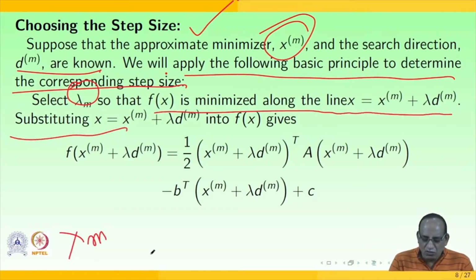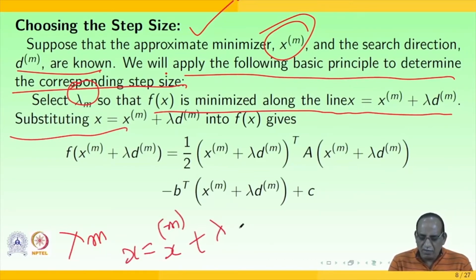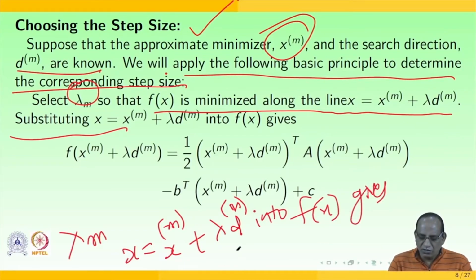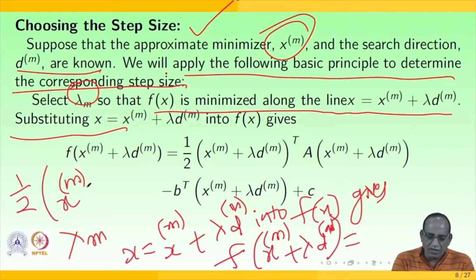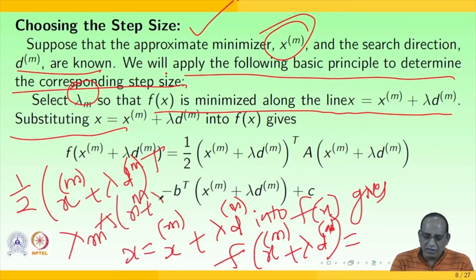Substituting x equal to x of m plus lambda times d of m into f of x gives f of x of m plus lambda d of m equal to 1 over 2 times x of m plus lambda d of m transpose multiplied with A times x of m plus lambda d of m.